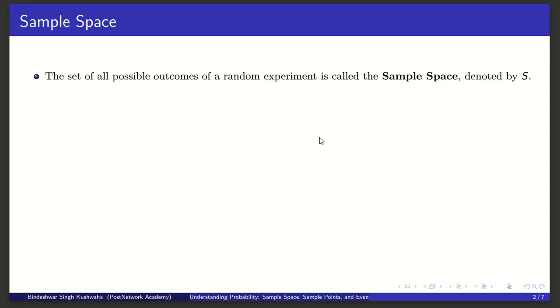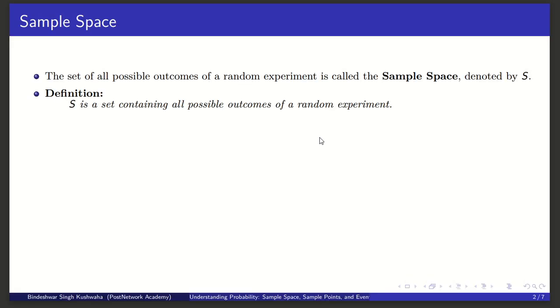So let us start with sample space. That is, you can say, the beginning of probability. The set of all possible outcomes of a random experiment is called the sample space, and it is denoted by S. Let us first see the definition.